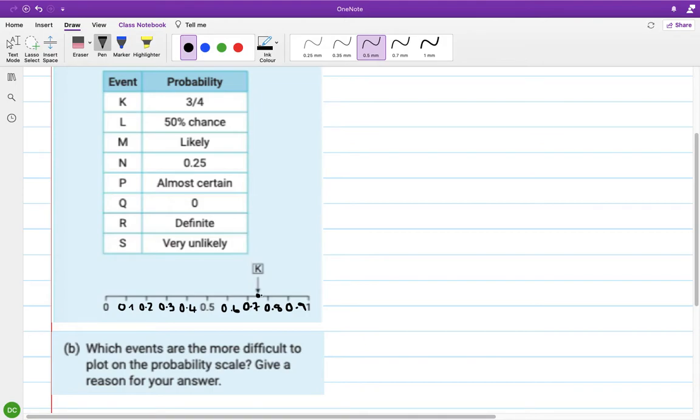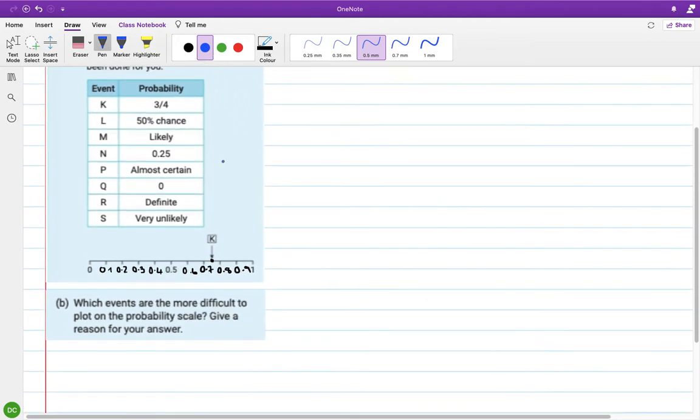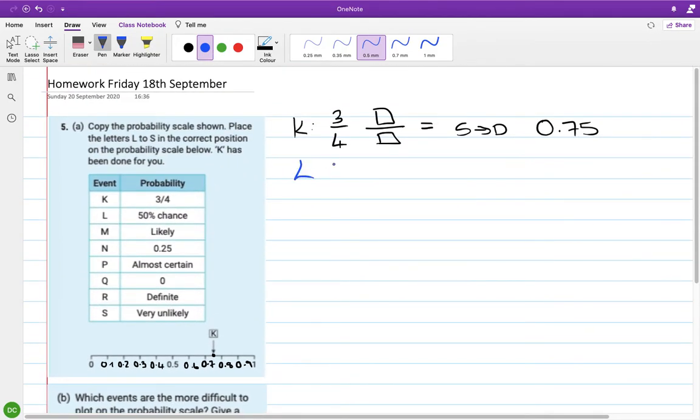They've done that one for you. Is that all right? Okay, so the next one, L. L is a 50% chance. 50% is the same as a half, which is also the same as 0.5. So we go to 0.5, which is here, and that's L.